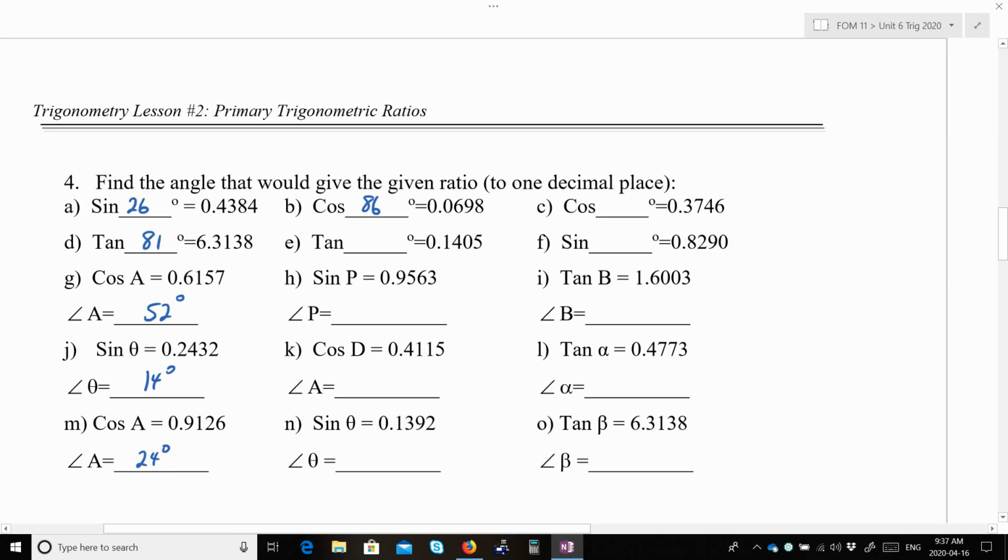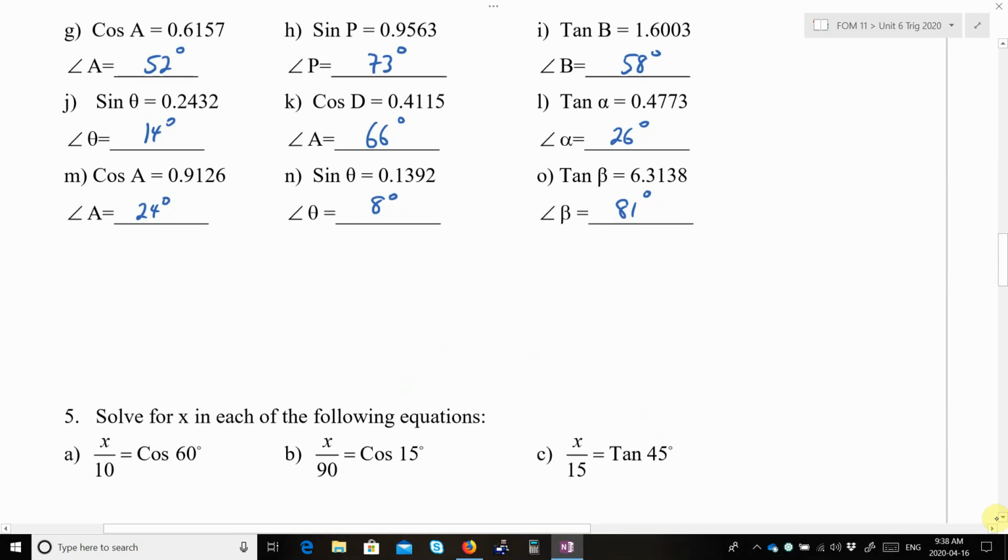This one is 86. This one is 8 degrees. This is 73 degrees. It's just they have the degrees symbol up there for those ones already. Letter K is 66 degrees, and this one is 8 degrees. This will be 68, 56. This one is 58 degrees, 26 degrees, and 81 degrees.